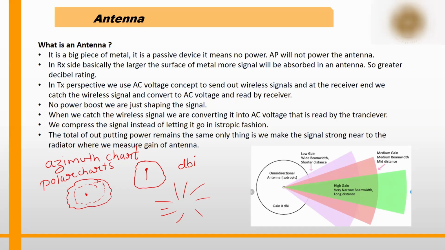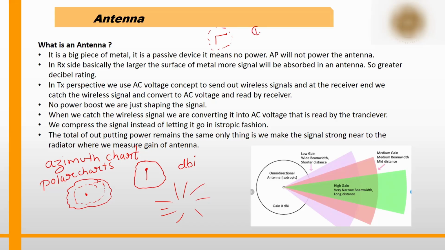Most physical antennas are not ideal, so their radiation pattern is not simple to understand. When the radiation goes out of the antenna, it is radially in a 360-degree direction.